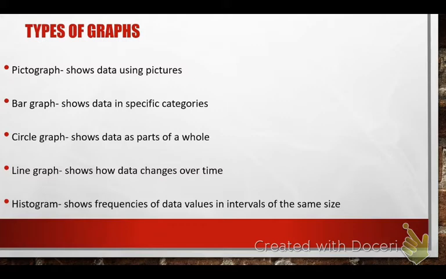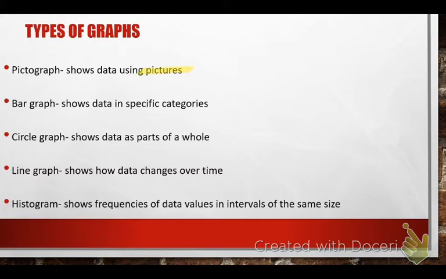And what we're going to do in 6.4 is scratch the tiny little surface of the different types of data displays that you can look at that will give you different information or will help you see different information accurately. So each one of these has a clue, and you're looking for clues in the scenario to help you pick the right data display.